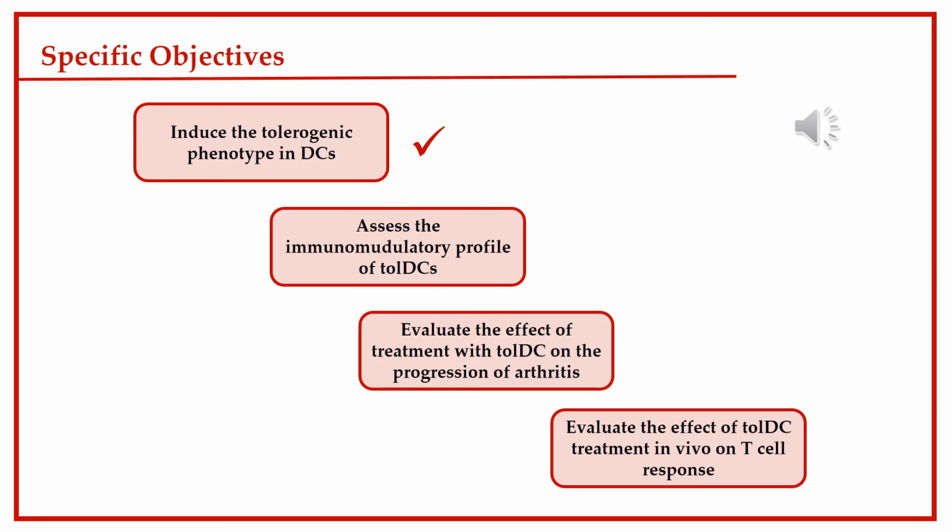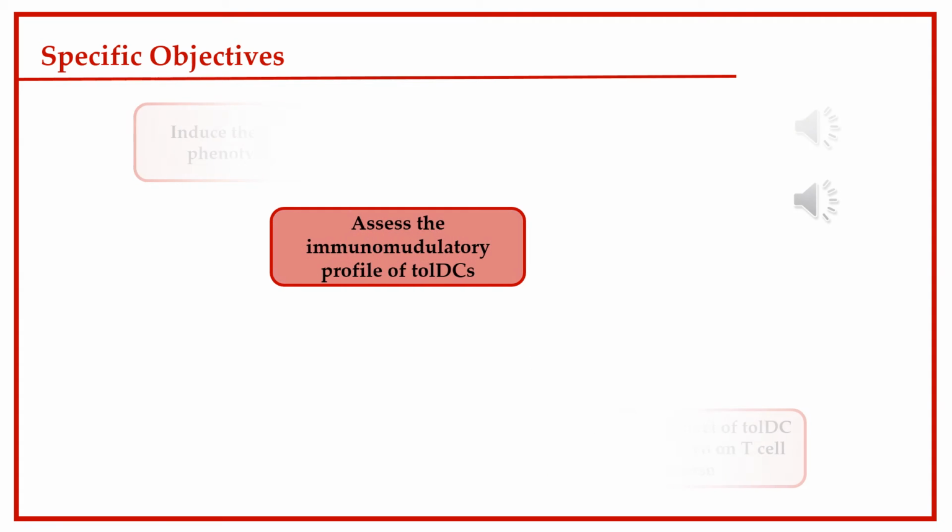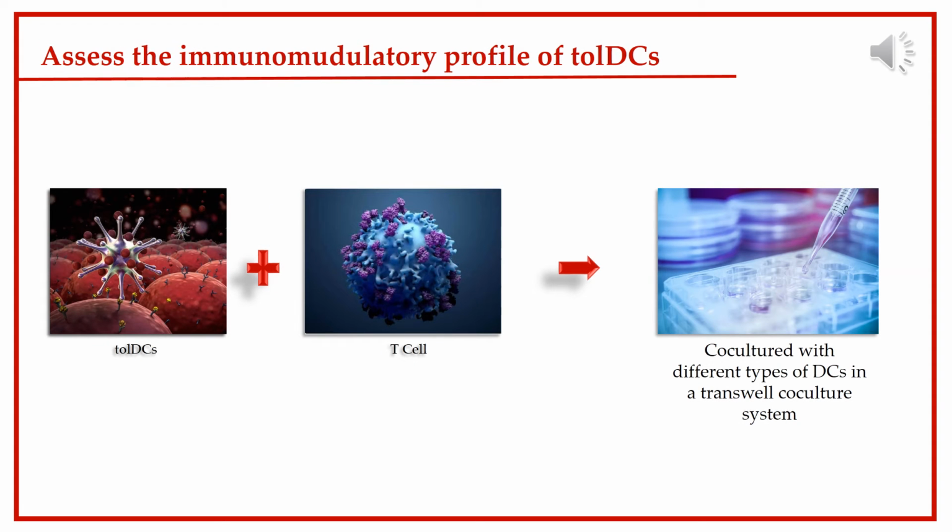Once the tolerogenic profile of DCs was confirmed, the next objective was to evaluate the immunomodulatory profile of these cells. For this, tolerogenic dendritic cells were co-cultured with lymphocytes, and the interaction between these two cells was evaluated.